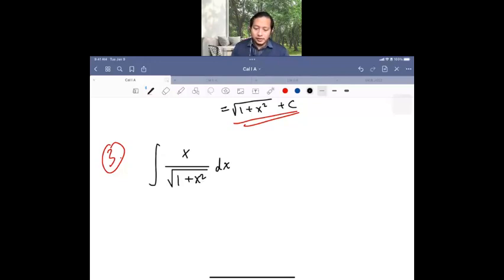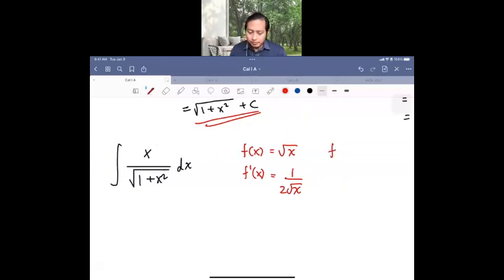For example, if you have a function that has a square root, for example, a function like square root of x, if we derive this, it will turn out to be 1 over 2 square root of x, right? And if you have, for example, 2x, this will be 2 square root of x, and we can cancel this 2.